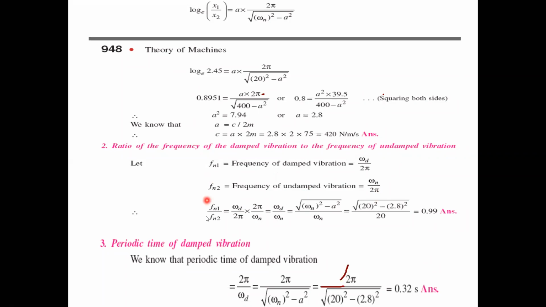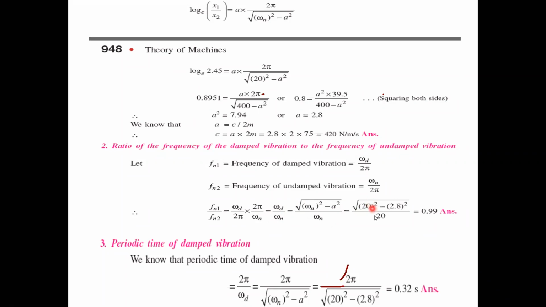So we have to calculate the ratio Fn1 by Fn2. That is omega suffix d by 2 pi into 2 pi by omega suffix n. The 2 pi cancels here, and the remaining terms are omega suffix d by omega suffix n. What is the representation of omega suffix d? That is square root of omega n square minus a square, divided by omega n.